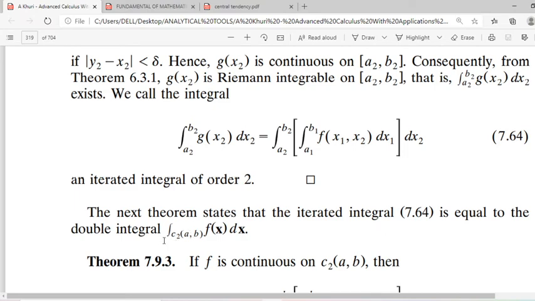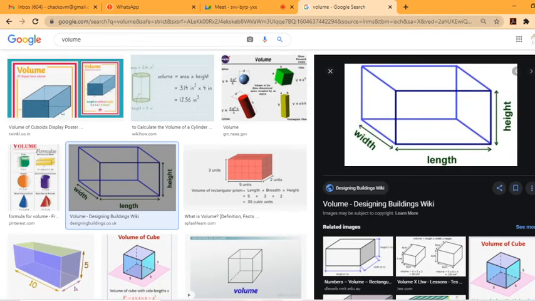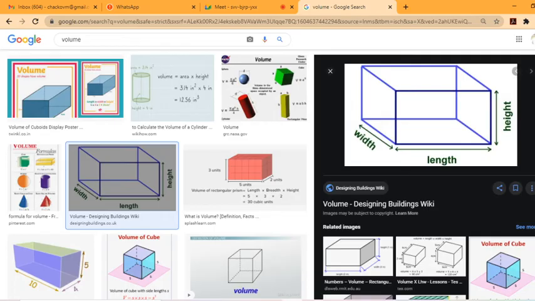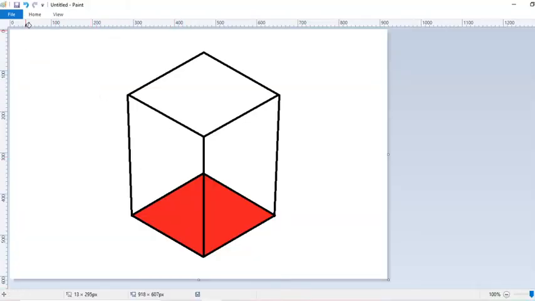Then we will integrate the function in that region. That means we will multiply with this height, and you can find the volume of this.